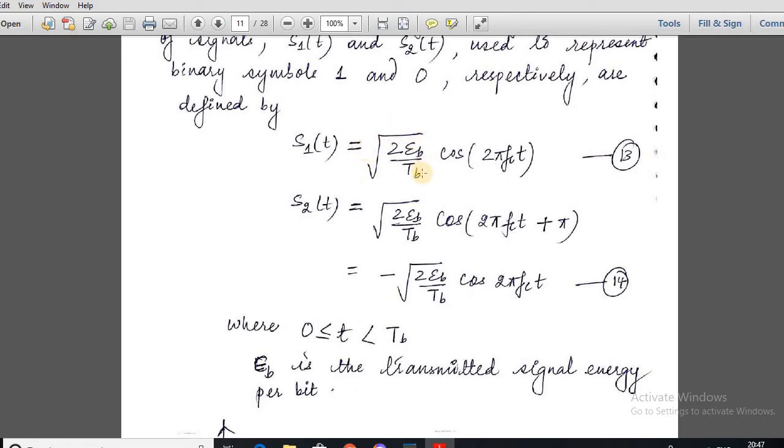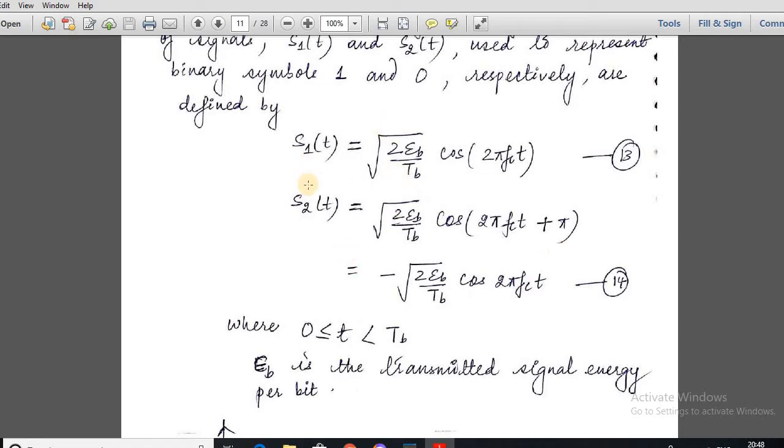So the way we have represented our ASK signal as A cos 2 pi fct, the carrier, similarly, the amplitude is represented as root over of 2 Ps, where Ps is signal power, which is the ratio of bit energy or signal energy divided by bit duration. So Eb is bit energy and Tb is the bit duration. So energy contained in 1 bit, and this is the time taken for 1 bit transmission.